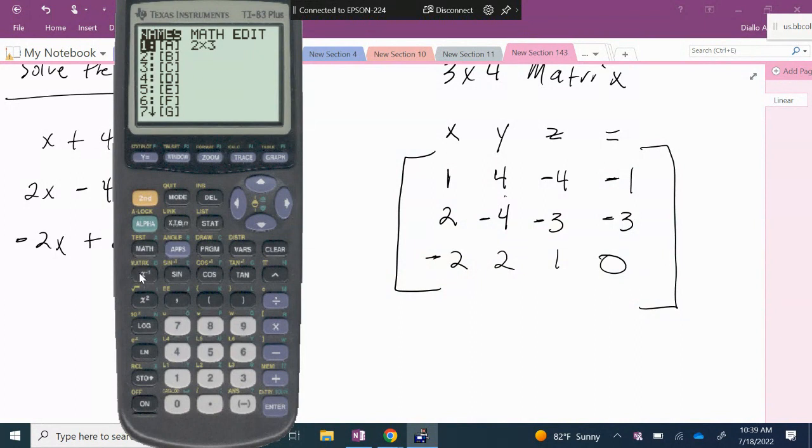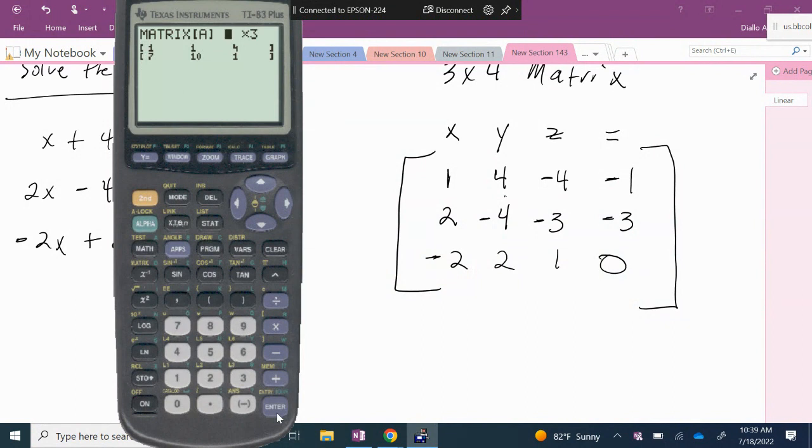Now, once you go into matrix, at the top I have names, math, and edit. I want to go over to edit. Okay. And I'm always going to use matrix A. Since matrix A is already highlighted, I'm going to press enter.